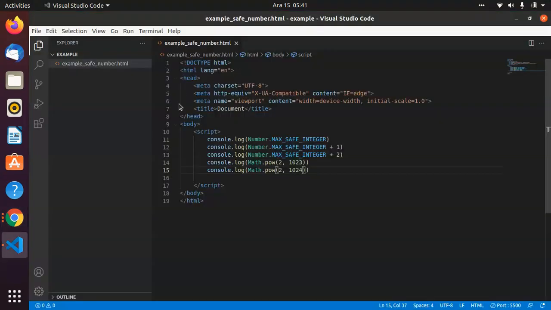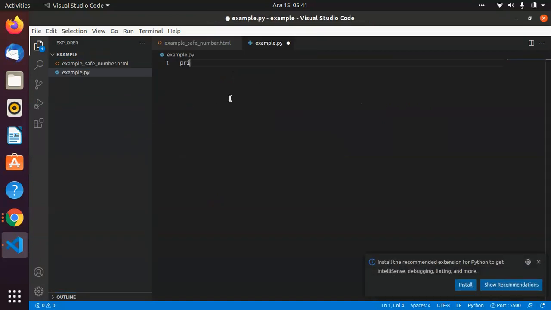Also, the last thing I want to show you, I will open it here. Maybe I can say example.py. In Python, we also have the same situation. Maybe we can say max safe, and math. I think math is possible.